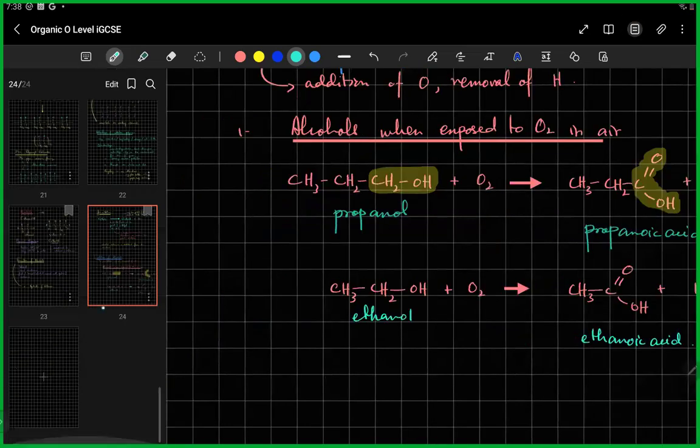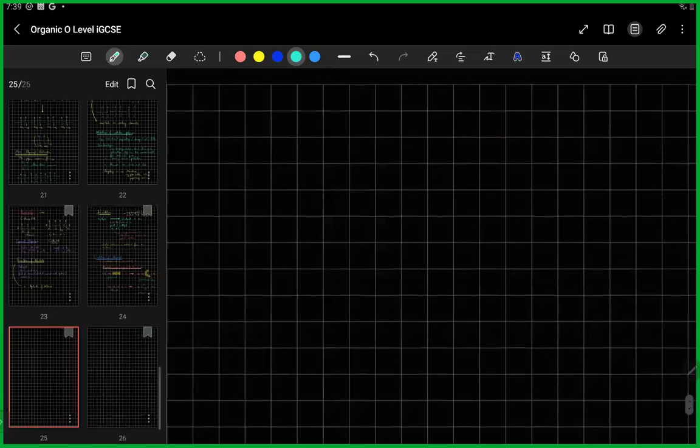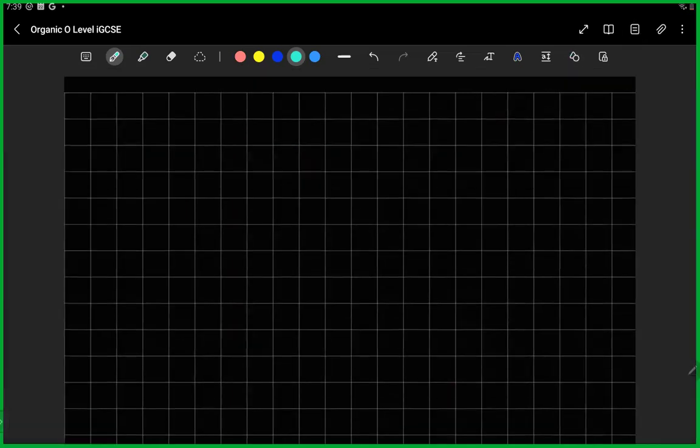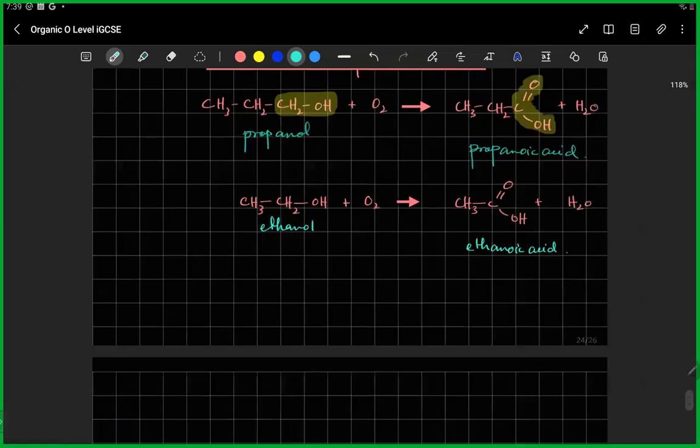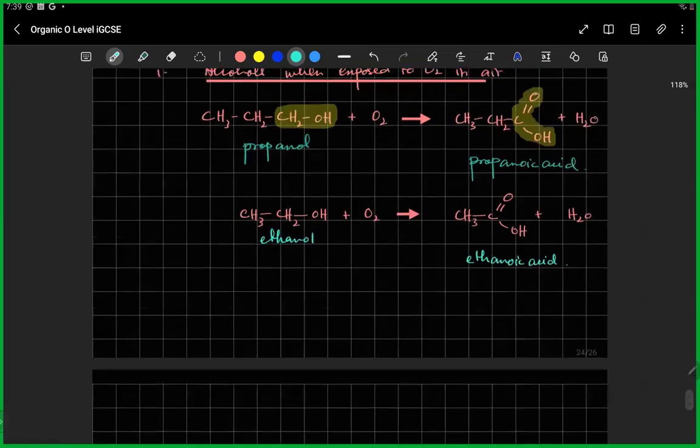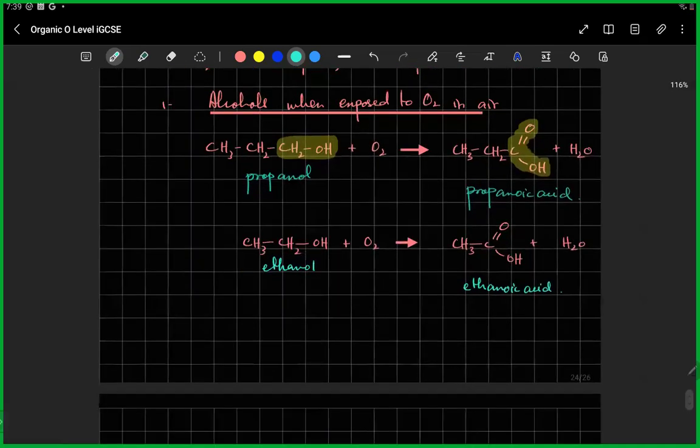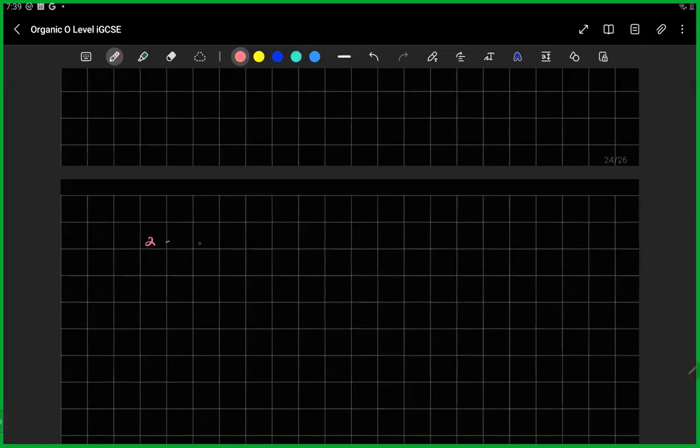Then remember, when you are oxidizing something, instead of air, if you want to do this quickly, the second part of oxidation of alcohols is that alcohols can be oxidized using oxidizing agents.